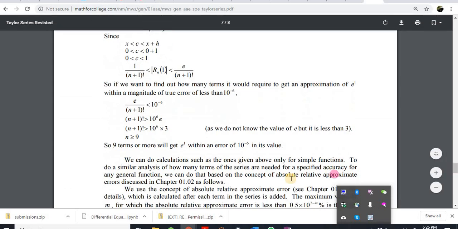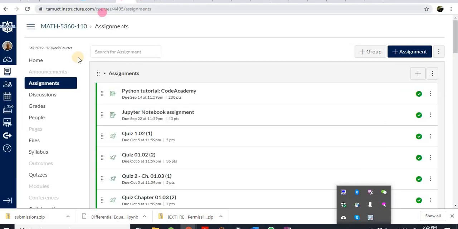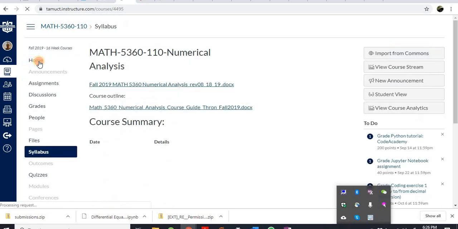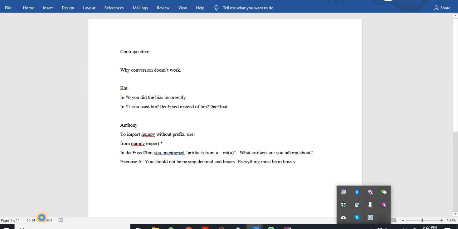Just to make sure that you know about this, you also have this resource. If you go to the course guide, you'll find all of the equations that you need, and a summary of the concepts.